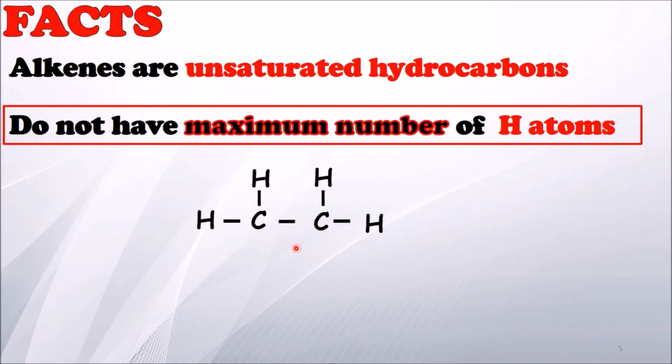In order for them to achieve octet state, they have to bond with more hydrogen atoms. So you realize that the alkene did not have the maximum number of hydrogen atoms possible.